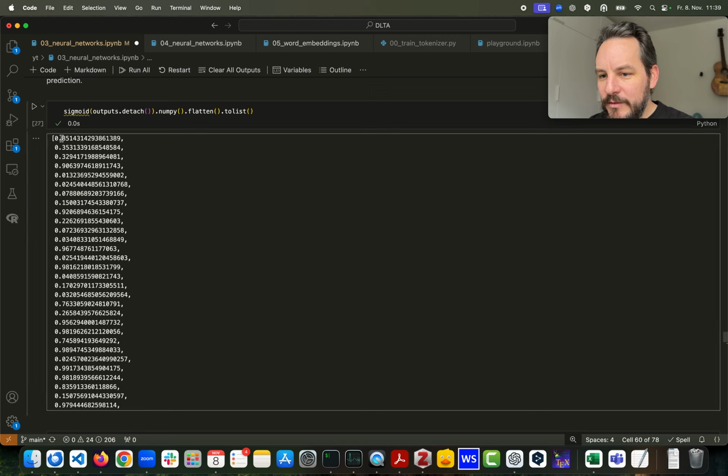For instance, that means with 85% probability, that is category 1. This here is only with 35% probability category 1, which means at the same time, with a probability of 65%, this is category 0.